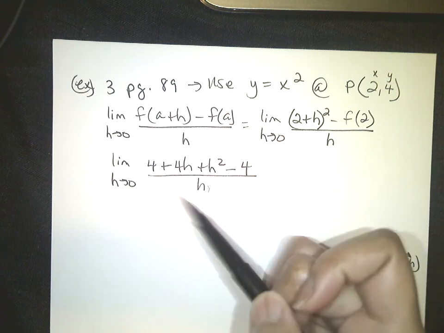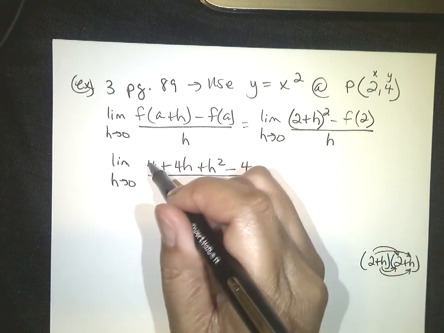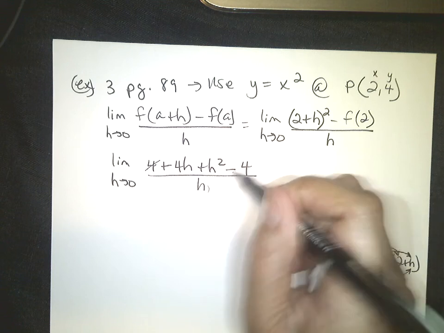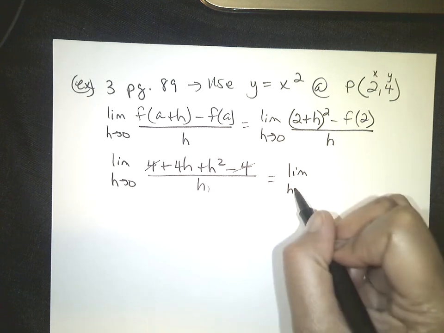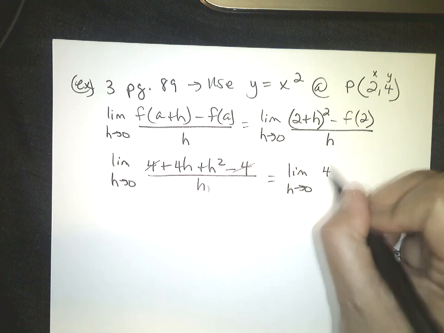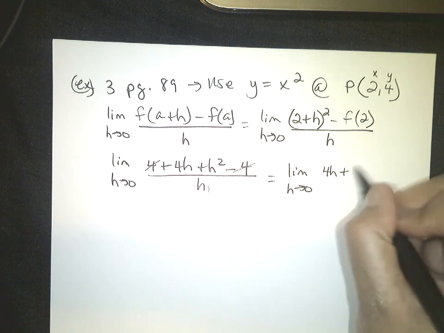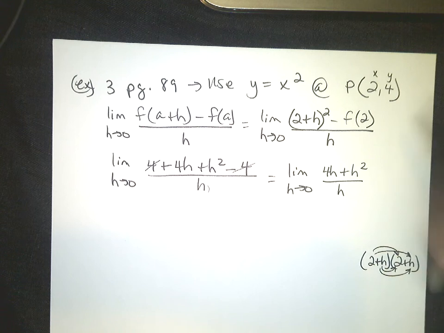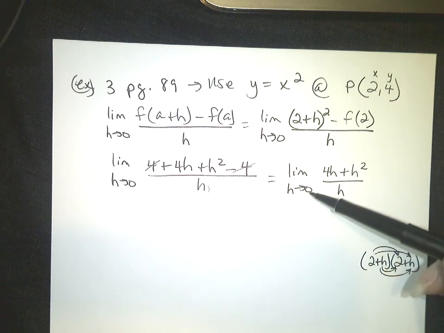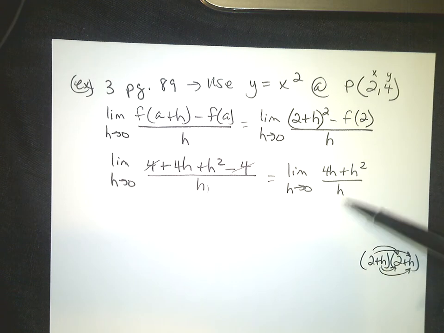And again, when you get to this point, something should cancel. So here, the 4's cancel. And we get the limit as h approaches 0 of 4h plus h squared over h. And then we cannot plug in h being 0 because it would be undefined.